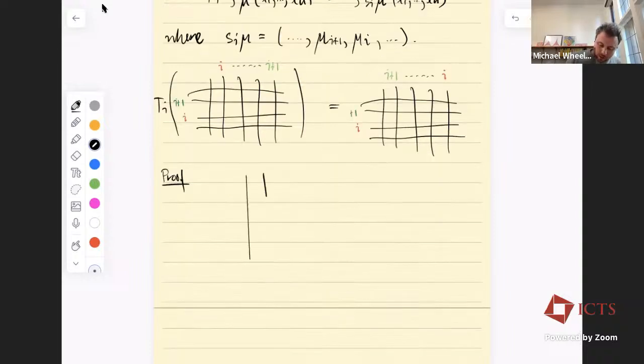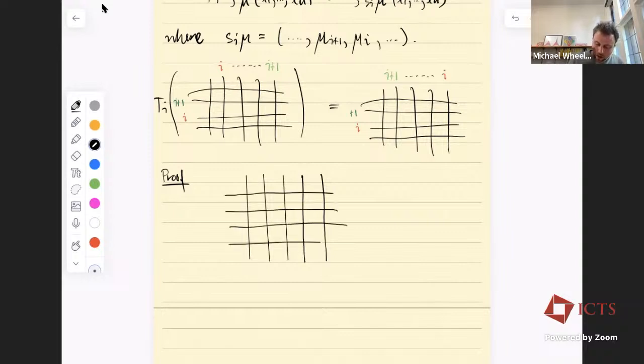So I'll have my lattice. And the first thing I'll do is just put a cross here. Okay, so I'm not saying that this is equal to anything at this stage. I'm just saying let's consider this picture. And let's now fill out the boundary conditions.